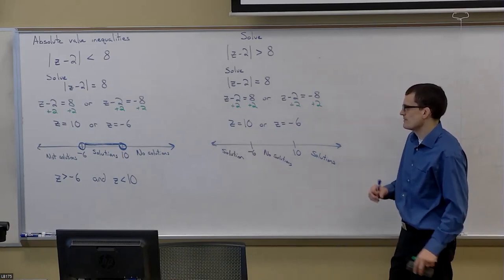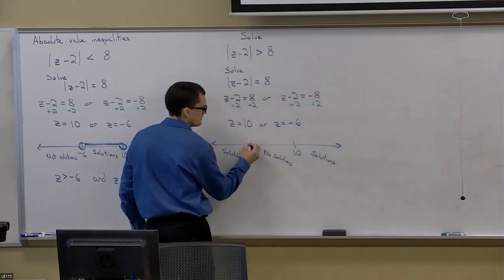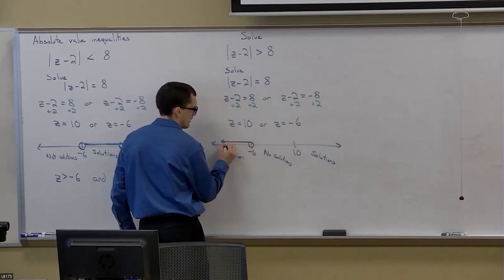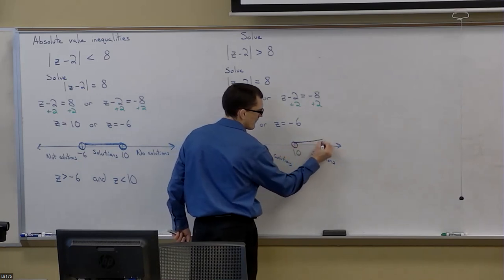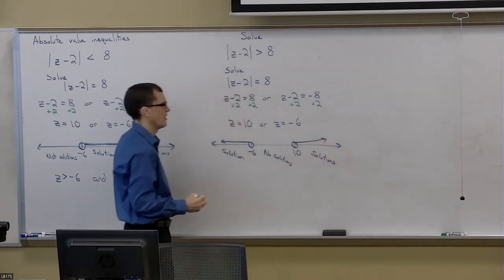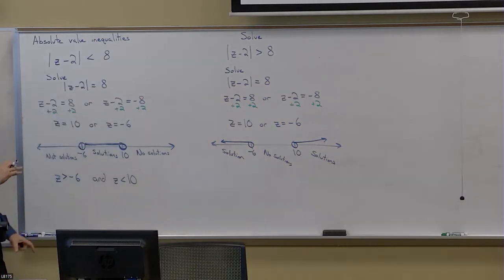First, let's do this one. Solutions, once again, we do not have the equality. So we draw an open circle at -6, an open circle at 10, and then we shade on the outsides this time, because the solutions are anything that's smaller than -6 and anything that's bigger than 10.